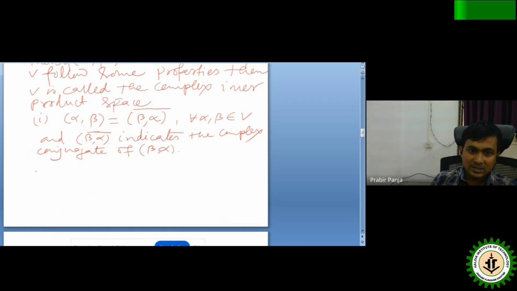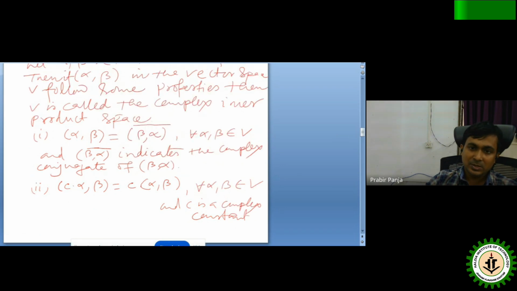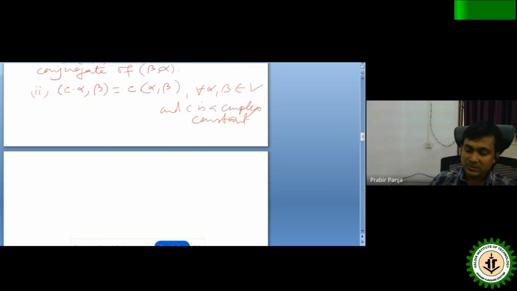Now the second condition is if we take a constant C and multiply with alpha, then take the inner product with beta, that value must be the same as C into alpha comma beta, for all alpha beta belonging to the vector space V and C a complex constant. Okay, so this is condition number 2 for complex inner product space.